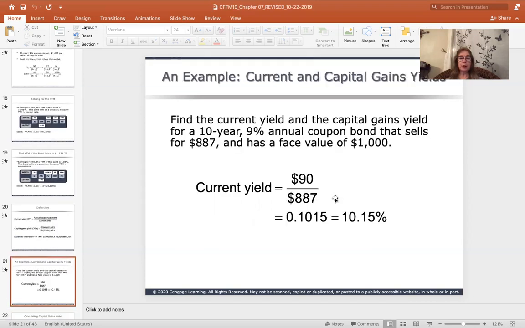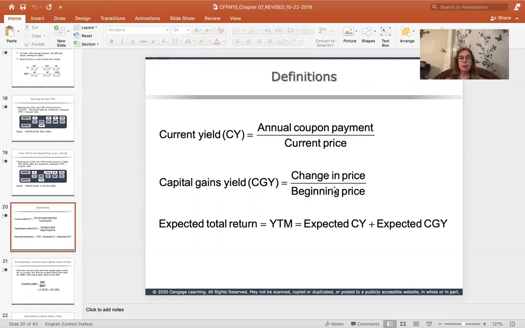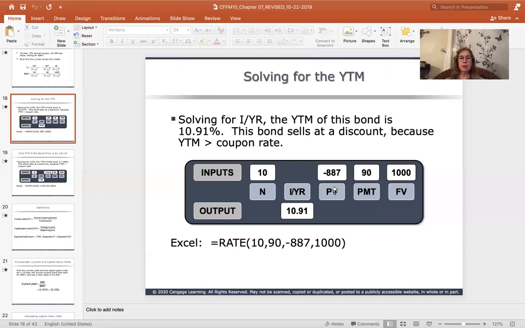So let's take a look at this. Let's go back a couple slides. Remember this slide here. This bond is selling for $887, and the yield to maturity is 10.91%. So I'd like to know, what's my current yield on this bond?